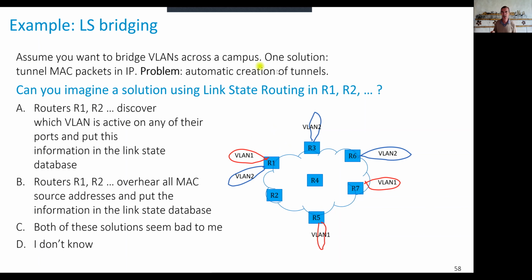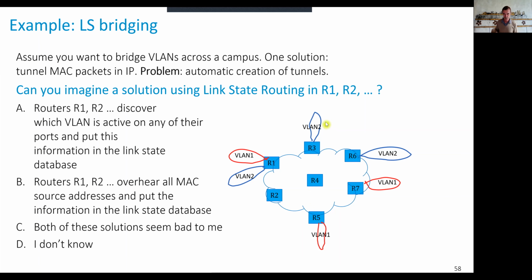So one solution that is used by a large-scale network is to tunnel the LANs in IP, which seems a bit weird if you think about it, but that solves the problem of mobility. Tunneling the LAN in IP means that, of course, the only way to manage a large network is to have routers, not bridges here. So we have a network with large routers. We run OSPF or something like OSPF in all those routers here.